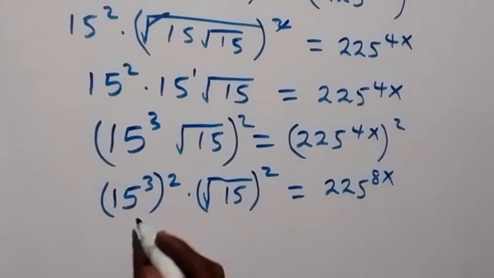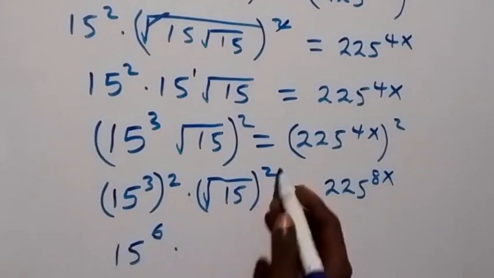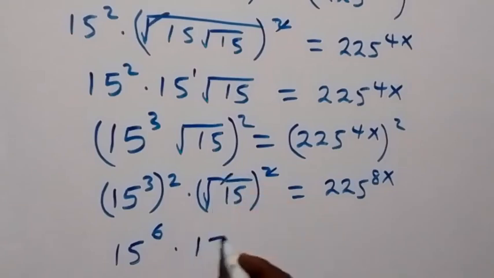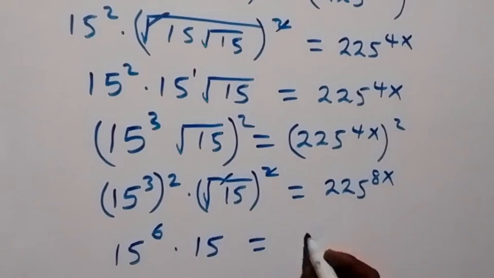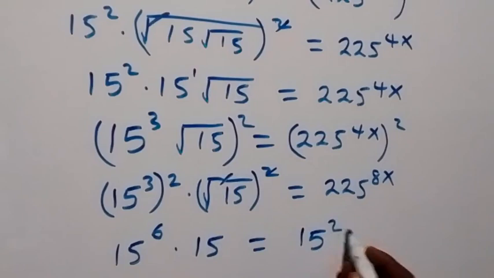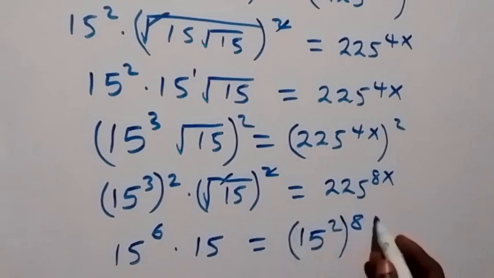Then here, it becomes 15 raised to power 6, then the square cancels the square root, we have 15 here, equals to here 225, same thing as 15 squared, that's 15 times 15, raised to power 8x.